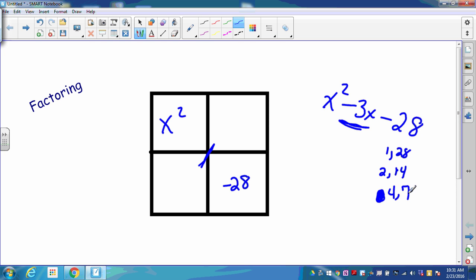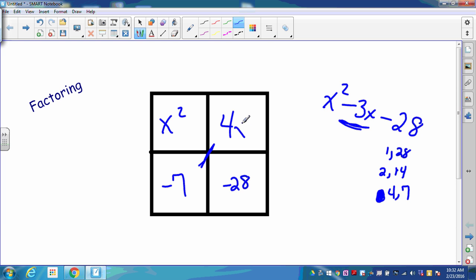Okay, so let's look at 4 and 7. If I make the 4 positive and the 7 negative, I can add that together and get negative 3. So we're going to have a 4 and a negative 7. Negative 7 plus 4 gives us the negative 3.